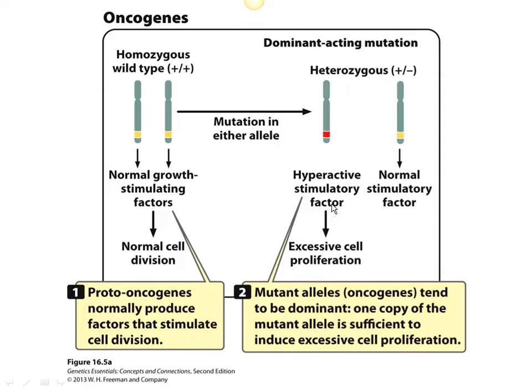So an overactive stimulation of cell division pushes the cell forward in cell division even when it's not supposed to. That's why one specific mutation in a proto-oncogene creates what we call the oncogene, which is the mutant form, and the protein product of that gene pushes the cell forward in the cell cycle. So the outcome is really the same as with the tumor suppressor gene. The cell is moving forward in an inappropriate way, too quickly through the cell cycle.